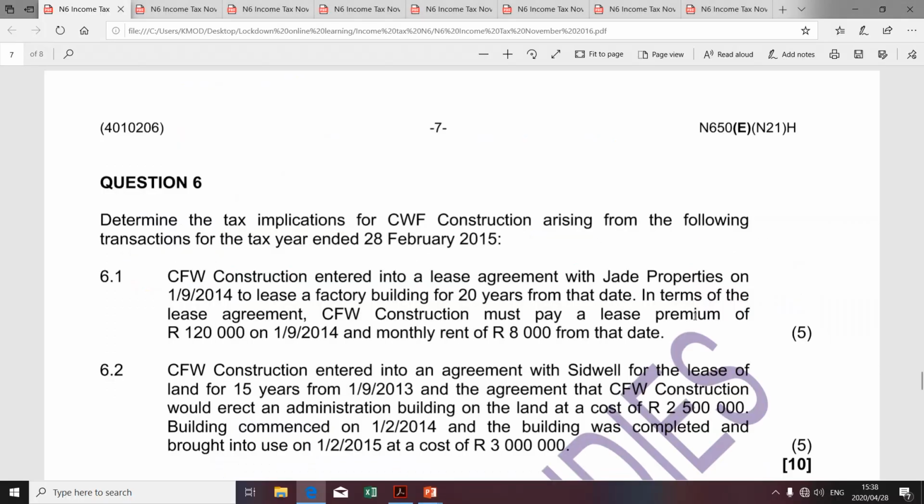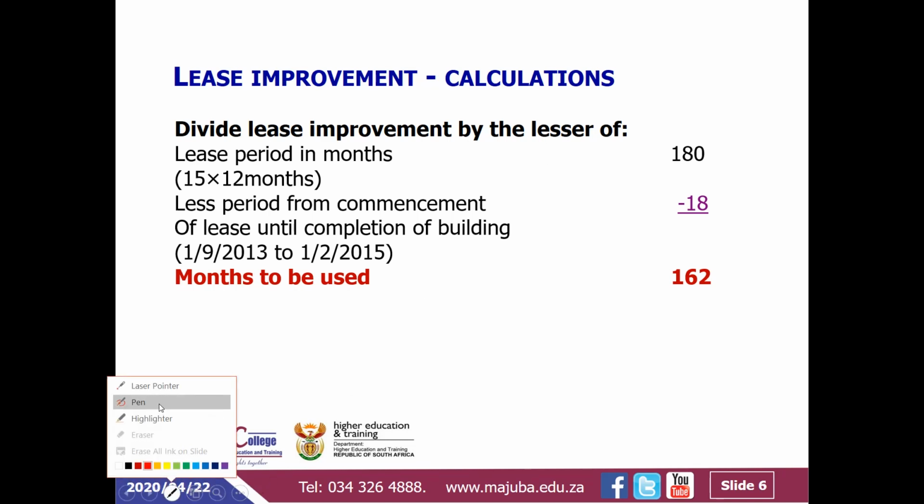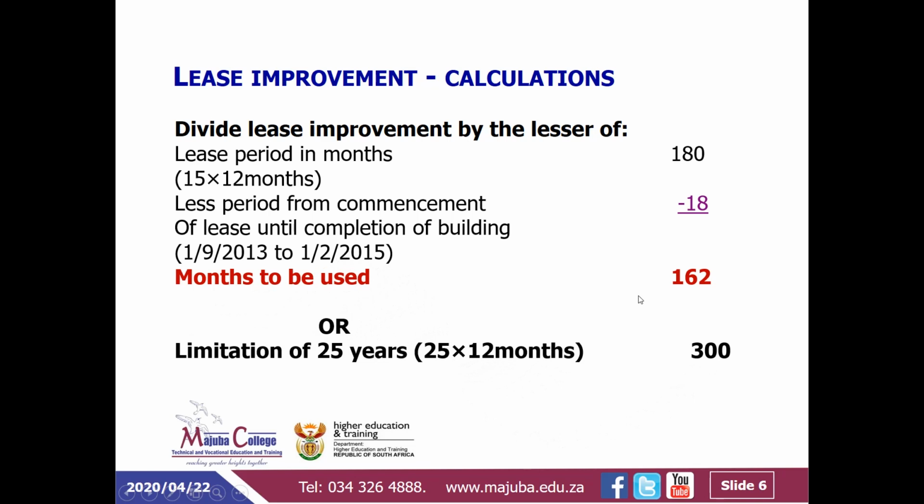So we're essentially going to take that amount and divide by 162. But I need to emphasize that we actually divide by the lesser of the 162 or the limitation that is embedded in section 11G, which says that those months shouldn't exceed 300 months.